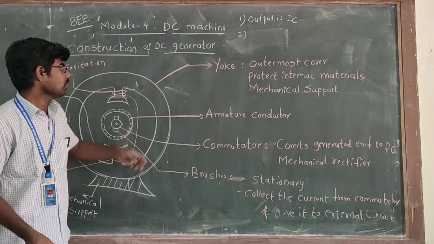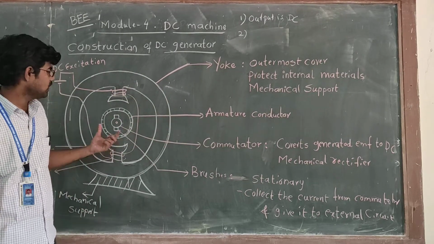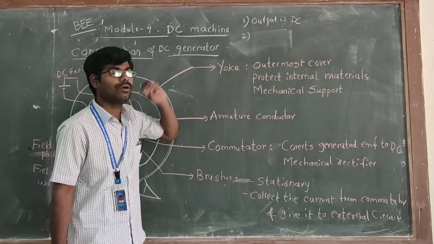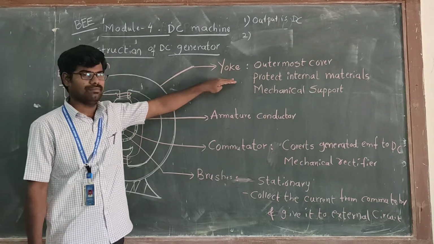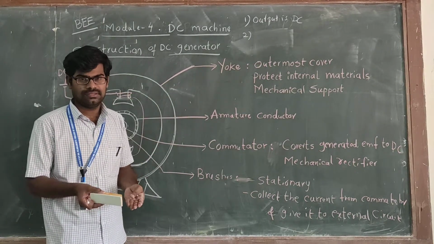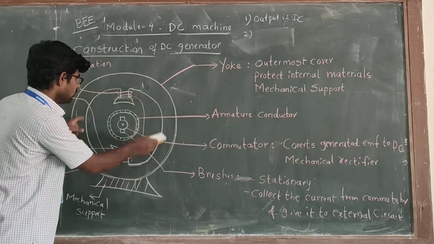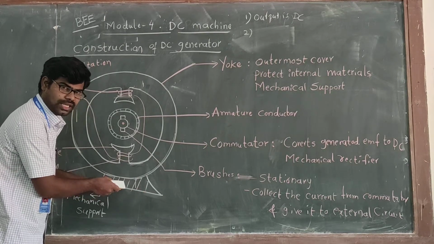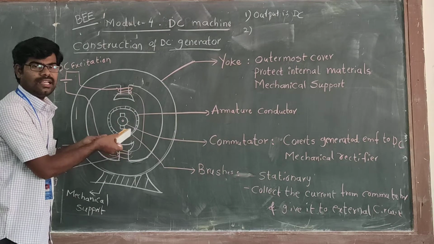Now, step by step we shall study the components. What parts are present in this DC generator? First of all, we have the yoke. What is the yoke here? The yoke is nothing but the frame or cover of the machine. It is the outermost cover, and it provides support to the machine and also protection for the internal materials.